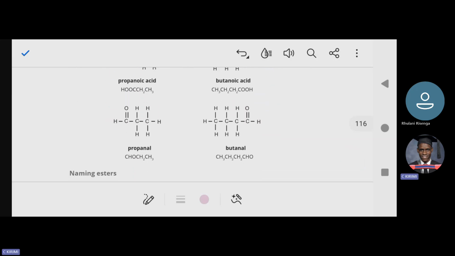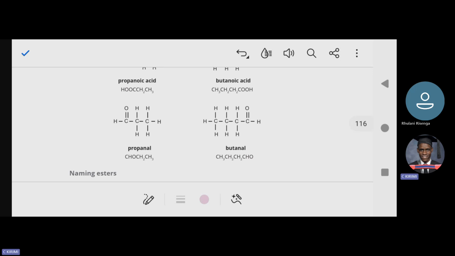And then the aldehydes, propanal, butanal, etc. So instead of COOH, now we just have CHO. First we started with the ketone, C=O. Then we went to the carboxylic acid, COOH.